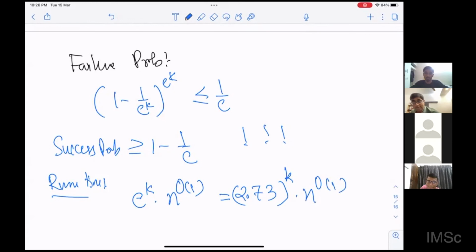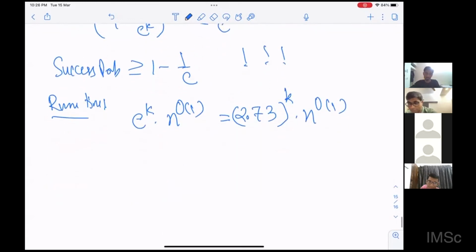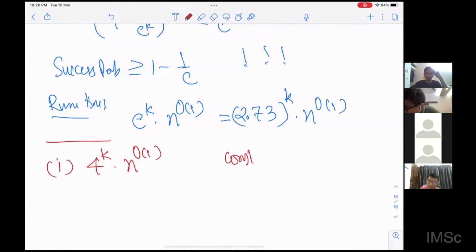So now for vertex cover, we have made two algorithms. The first algorithm we made is 4 to the power k times n to the power big O of 1, with constant success probability.